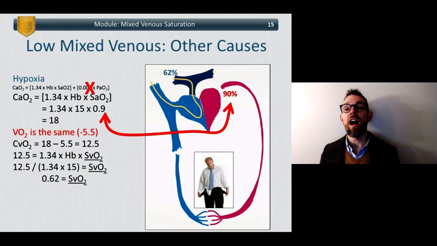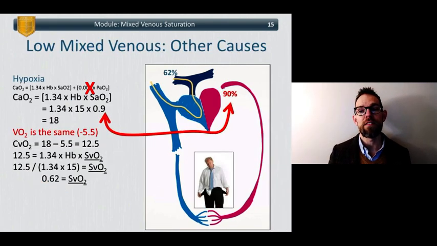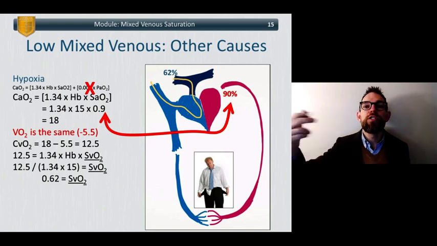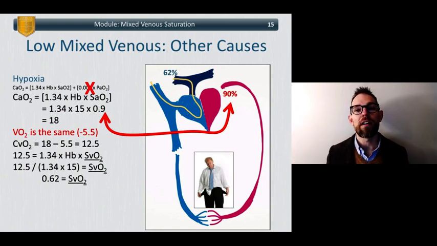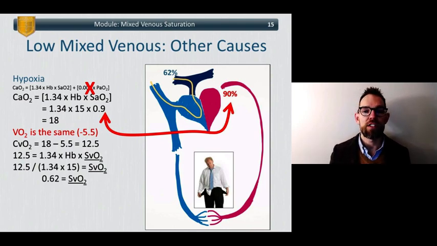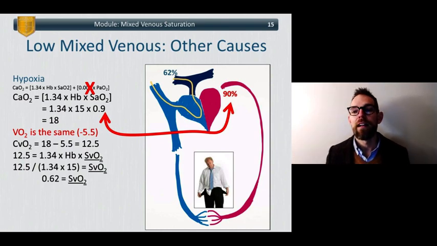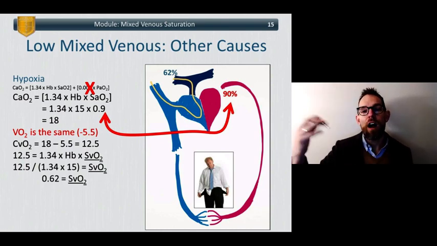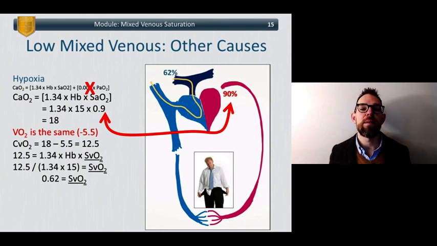So what are some of the other causes of low mixed venous saturation? Even if cardiac output remains the same, in a hypoxic state, what you're starting with, what's leaving the heart, is actually a lower arterial content of oxygen. So let's just say our saturation goes from 100% to 90%. As that 100% drops to 90%, our PaO2 in that case is going to be 60, so 60 times 0.003, that's nothing.